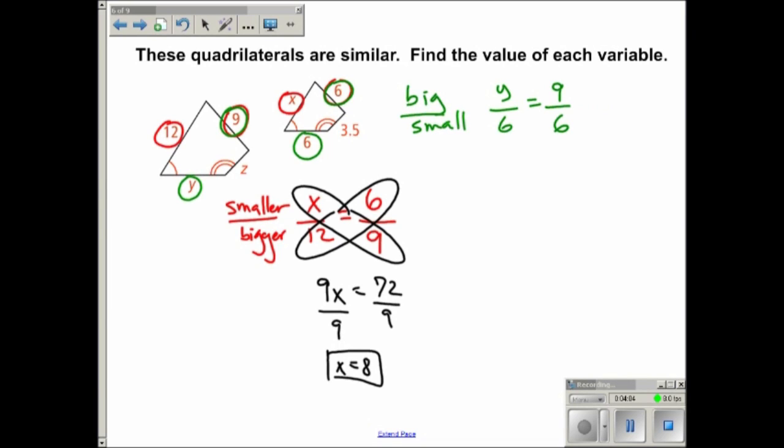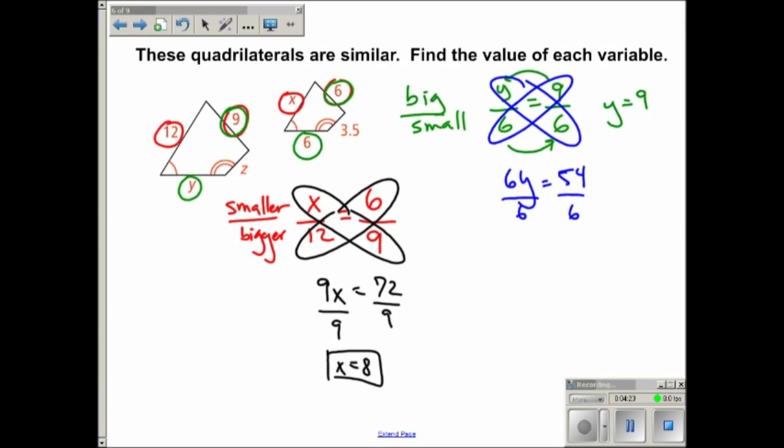Now, if you're smart, you can look and say, well, these numbers are the same, and so these numbers must be the same. So y must be equal to 9. Now, if you want to cross multiply instead, y times 6 is 6y, and 9 times 6 is 54, divide both sides by 6, y is equal to 9. You get the same thing.